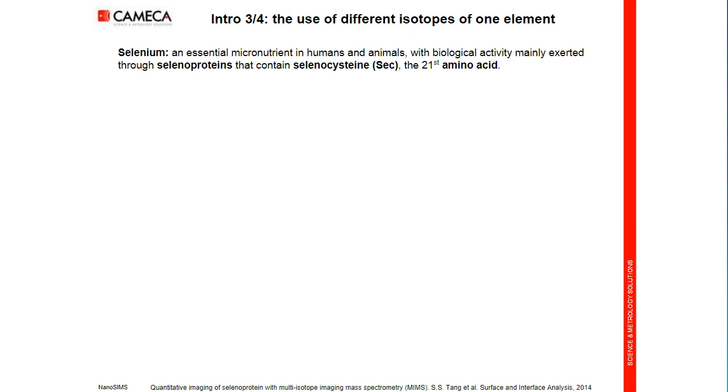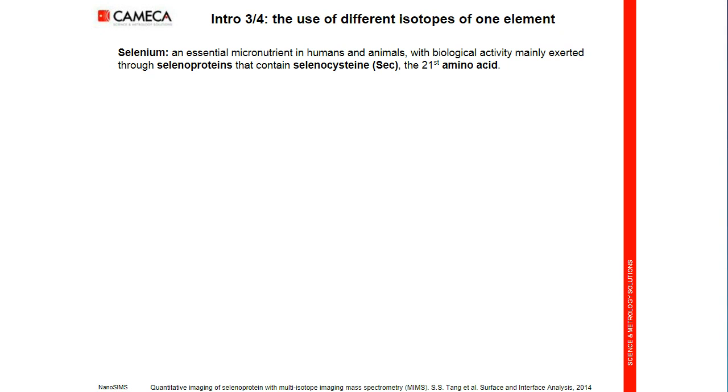Let's continue on the selenium example and use the article of Tang et al. in Surface and Interface Analysis in 2014. So selenium is an essential micronutrient in humans and animals. Biological activity mainly exerted through selenoproteins that contain selenocysteine, the 21st amino acid.